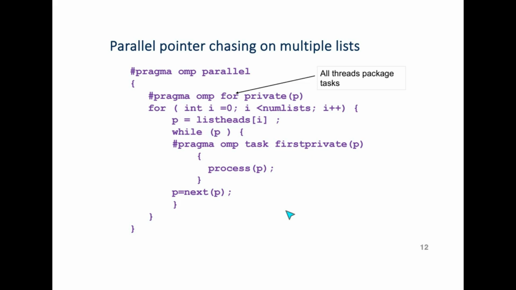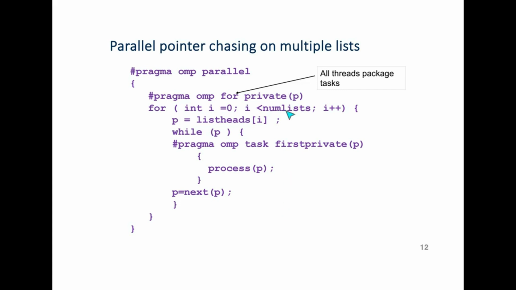So this parallel master or parallel single is a very common pattern for using tasks, but that's not a restriction. It's perfectly possible for more than one thread, or all the threads inside the parallel region, to generate tasks.